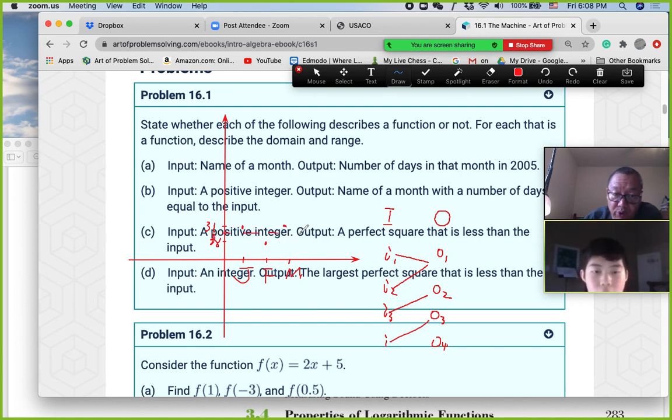Then the key point is when you draw a vertical line.